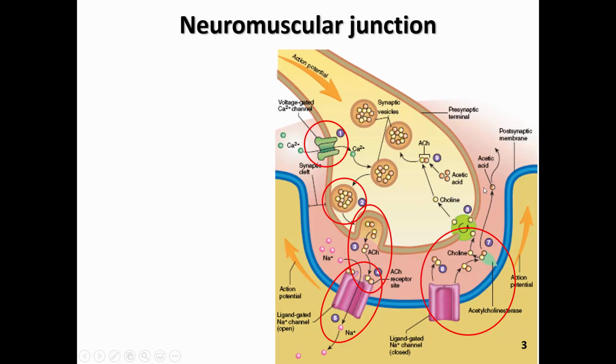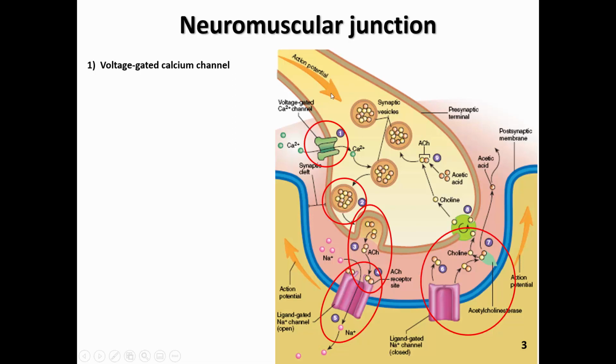Choline is then taken back up into the terminal axon and is reconstituted into new acetylcholine molecules, packaged up into synaptic vesicles and prepared for another wave of action potentials if that alpha motor neuron is activated.